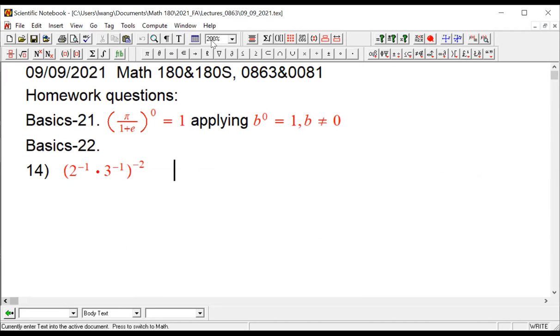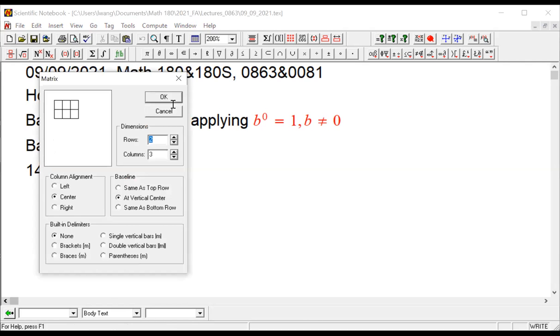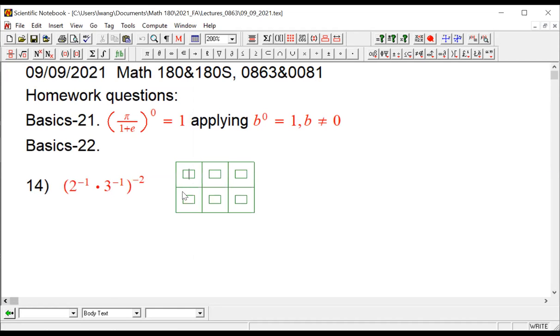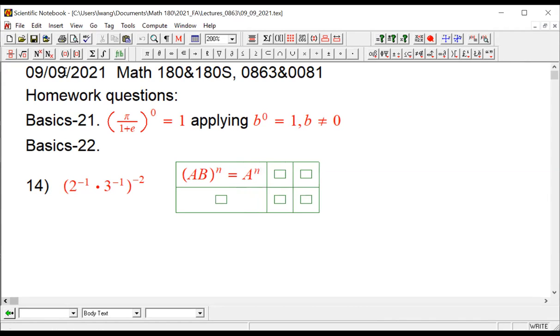So if we look to review the material, we know that a to the power of... let's see which property applies here. Okay, so a times b raised to the power of something, right? That's equal to a to the power of n times b to the power of n, right?